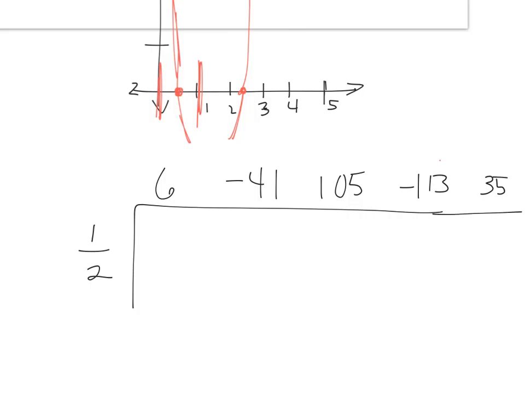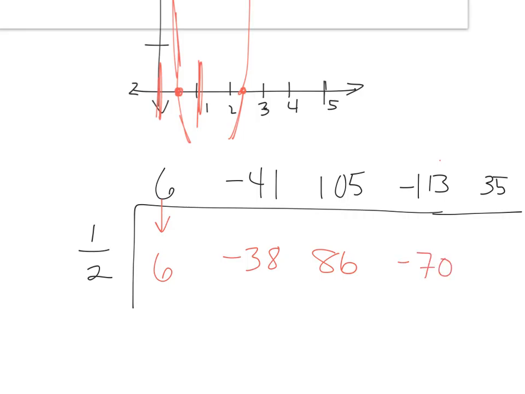Let's bring down the 6, run through our table. We're going to get 6. Half of that is going to give us 3, -41 gives -38. Half of -38 is -19. 105 gives us 86. Half of 86 is 43. 43 and -113 is -70.